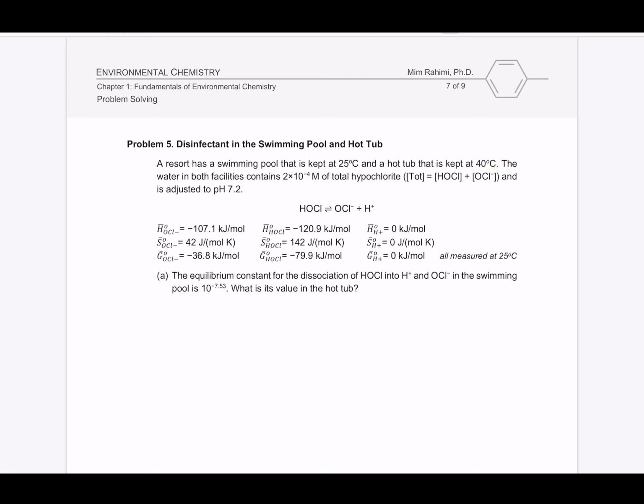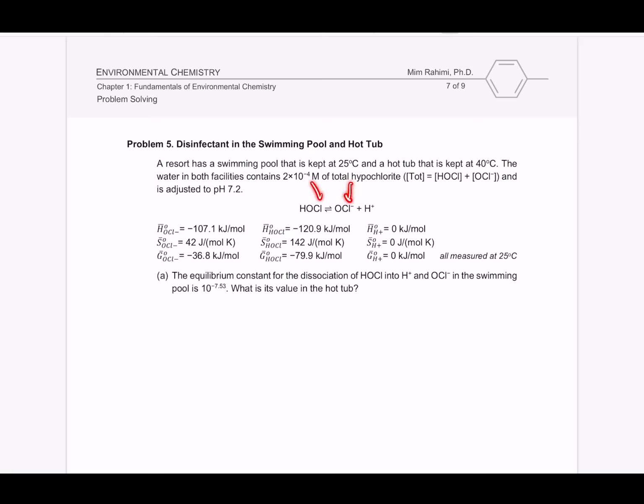And we add the same total concentration of disinfectant, which is 0.2 millimolar, to both. For both of them, the pH is 7.2, so the pH is fixed.